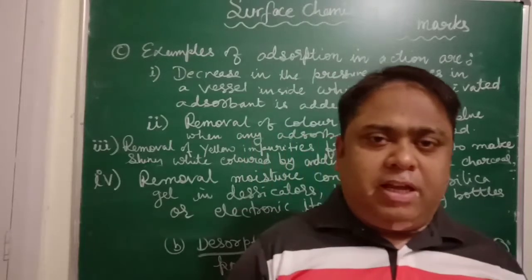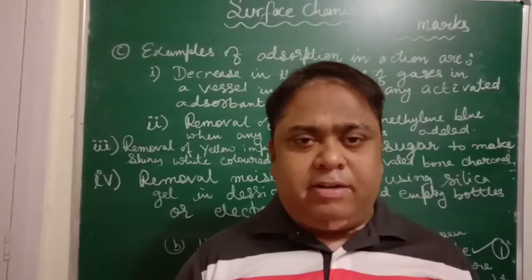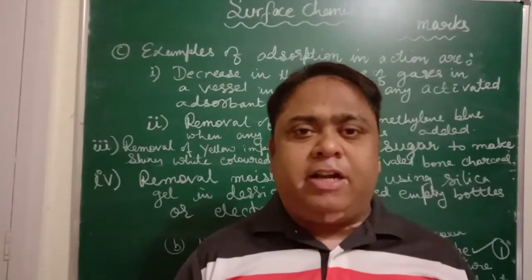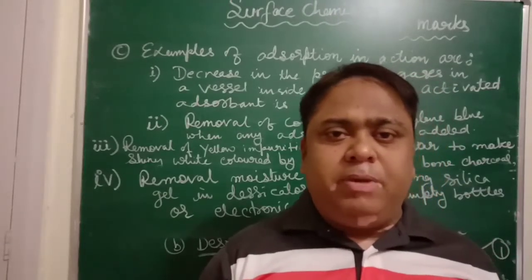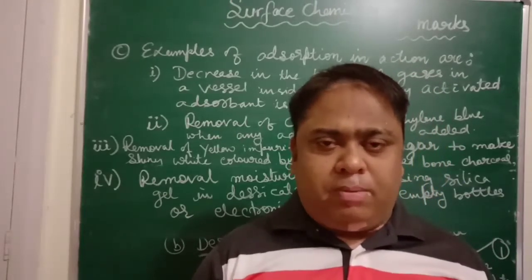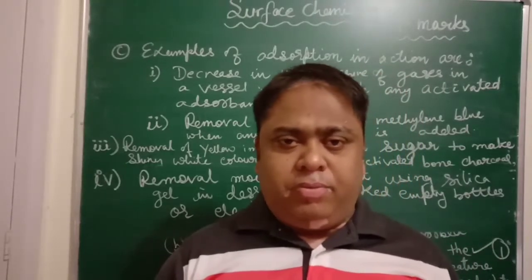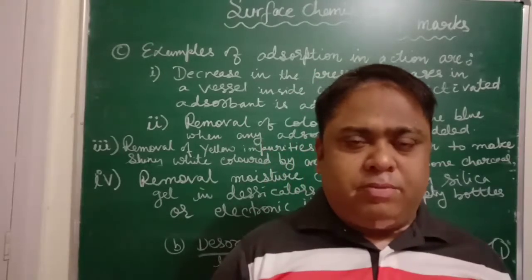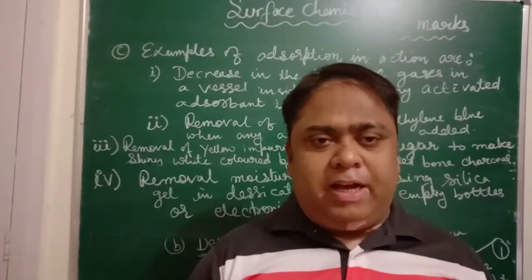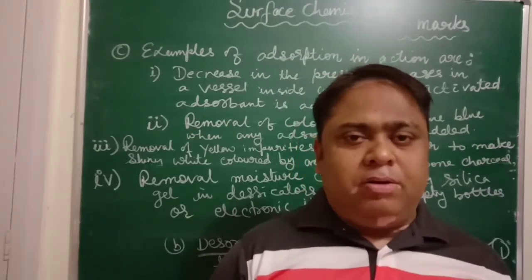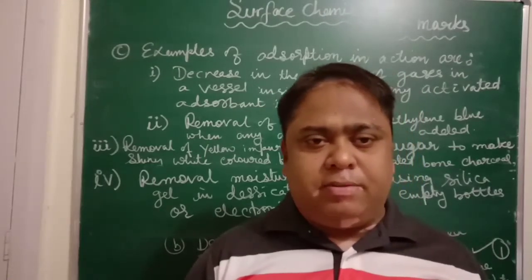The purpose of this silica gel is to keep the interior of the vessel or the container or casserole in which the electronic items are there dry, because the moisture can cause growth of germs, foul smell, or can also cause rusting or spoilage of the electronic items. So if you want to keep something moisture free, then a small piece of silica gel in that place will help to remove the moisture from that place.